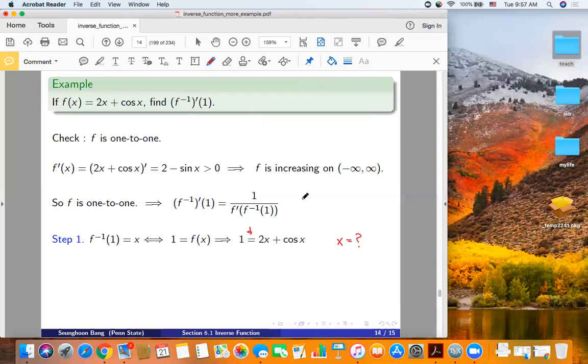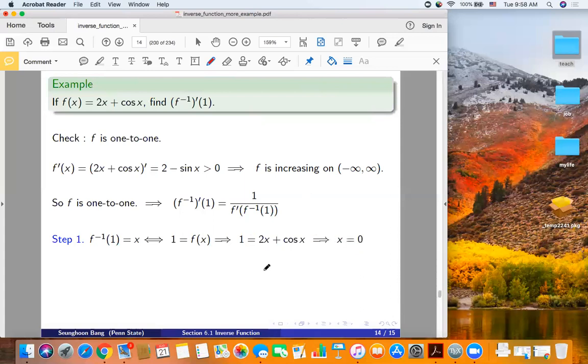Which number satisfies 1 equals 2x plus cosine of x? Bob said 0. So what do you think, other guys? Is 0 possible? You plug in 0? Yes, x is 0.